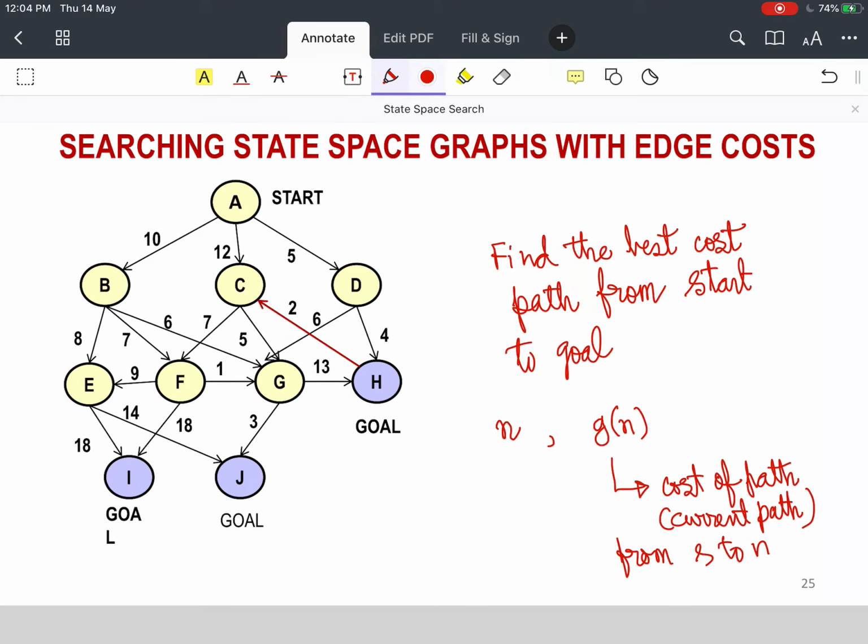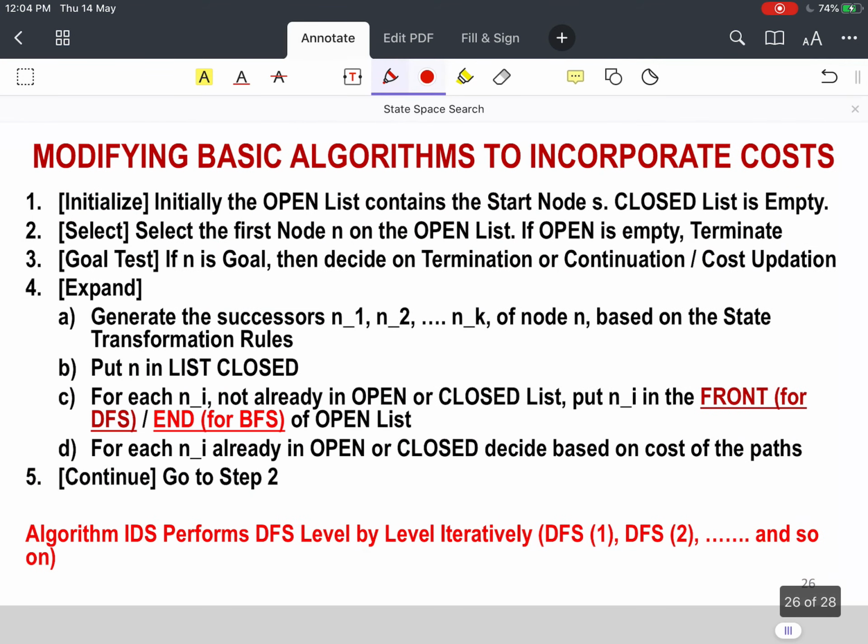And we will have to use this G(n) value to order the nodes. For example, when we use depth first search and put nodes in the front of the queue and find the first goal node, if we terminate at the first goal node, then that may not be the optimal cost.